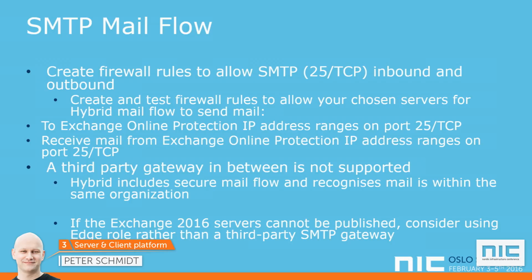It's recommended that you flip over the mail flow as soon as possible to Exchange Online to have that maintained, because you have already set up connectors between Exchange Online and your on-prem environment. So if a mailbox does not exist in the online, it will automatically route that to the on-prem environment.